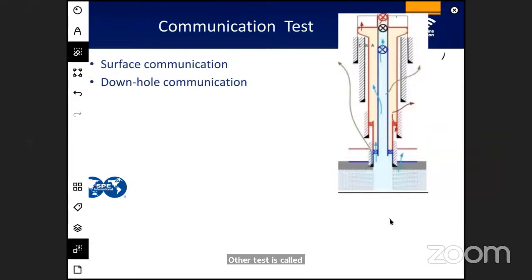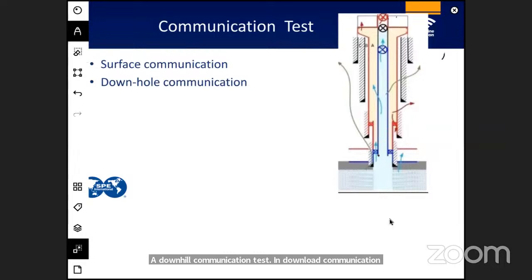In the downhole communication test, we set a plug here, a through-tubing plug, bleed the A annulus pressure and monitor the tubing.